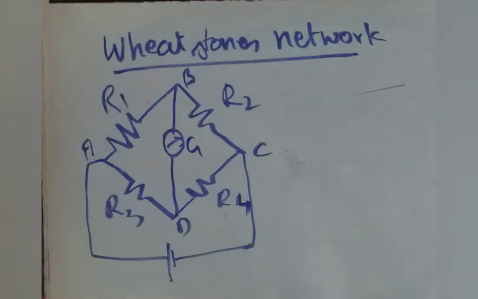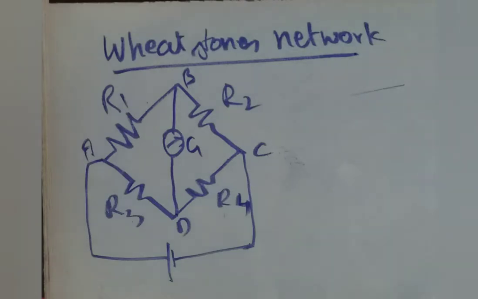And this type of network is used to determine the resistance value of, say, a conductor of unknown resistance. Usually in telegraphic networks in the olden days, or in any network, you can estimate the resistance value by using this type of network.